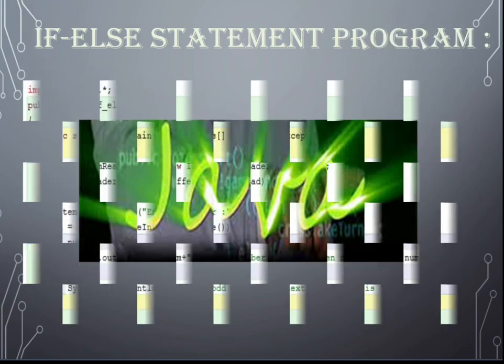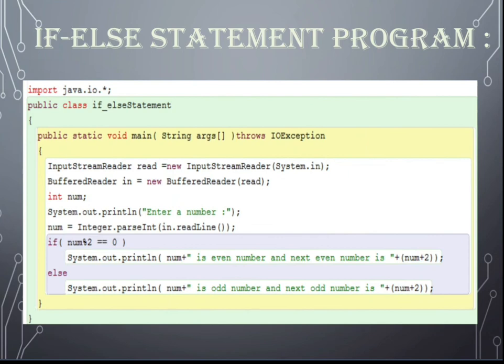See, the program is in front of us. If else statement. The common thing I have already written: import, public class, public static void main, String args, throws exception, InputStreamReader and BufferedReader. All these things were common things. And then we have int num. I am accepting a number, that's why int num.